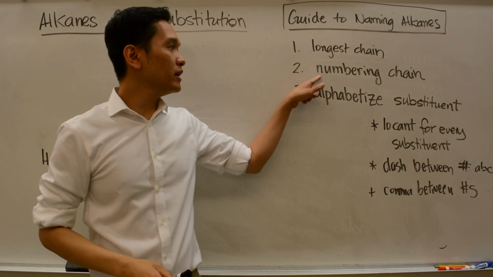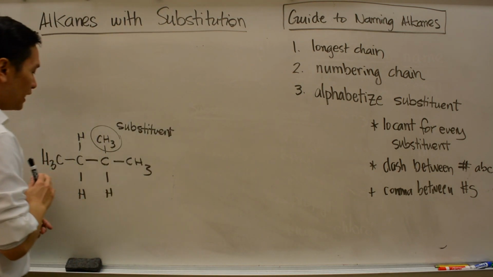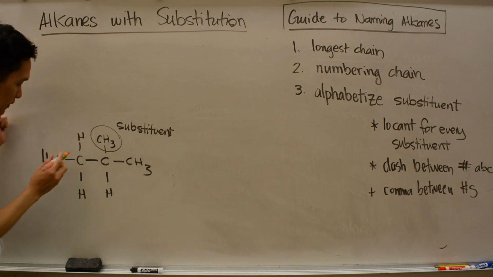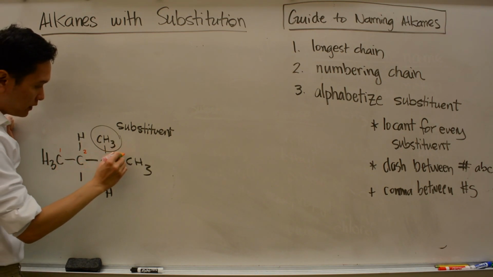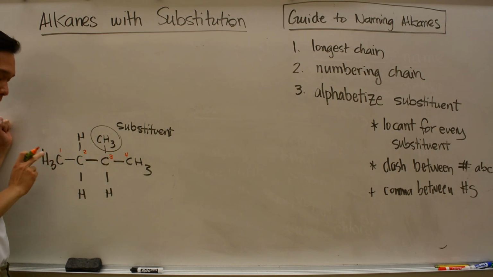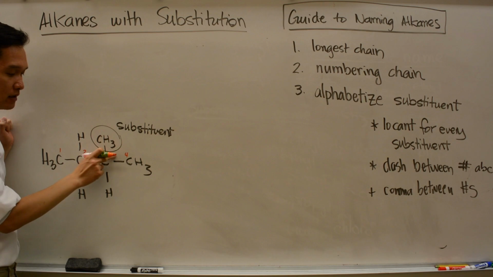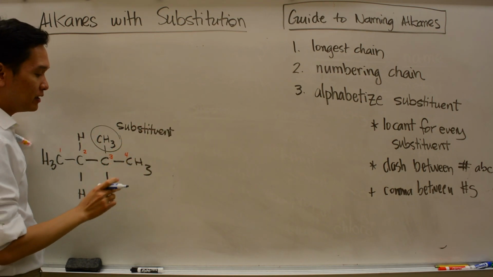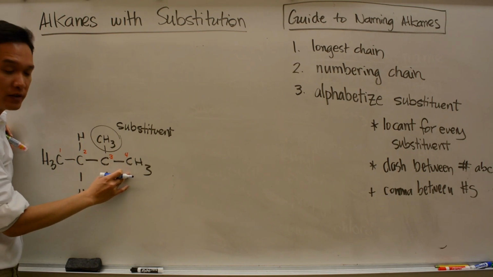The next thing you want to do is start numbering your chain. You want to number from the side that will meet a substituent first. So I could have numbered this being my carbon number 1, my carbon number 2, my carbon number 3, and my carbon number 4. If I start from the left-hand side, the first substituent that I see is on carbon number 3. But guideline number 2 is trying to tell me I have to start on the side that will see a substituent first.